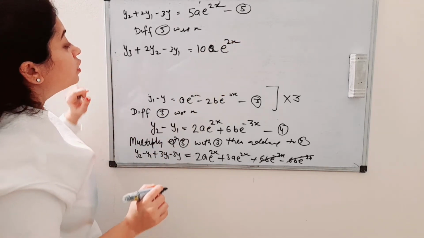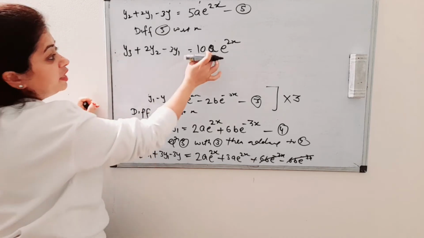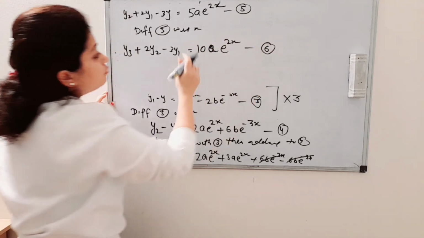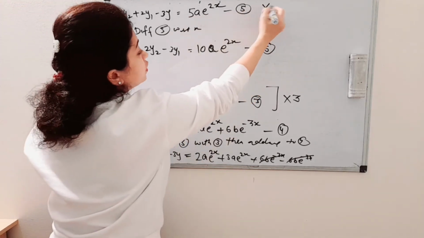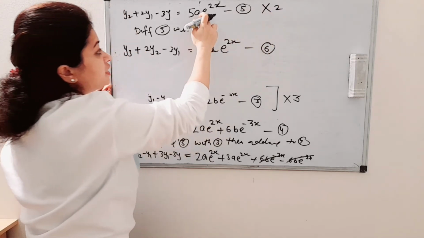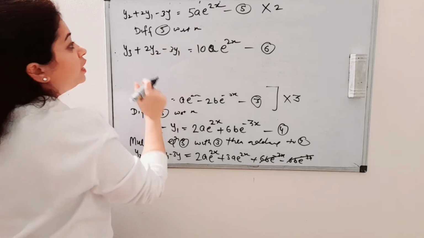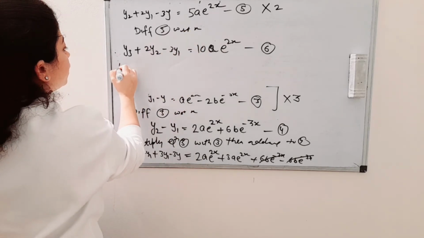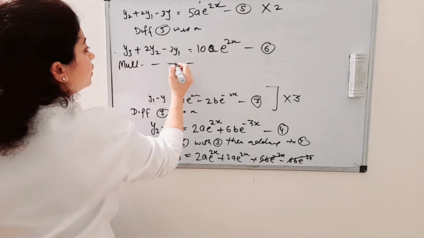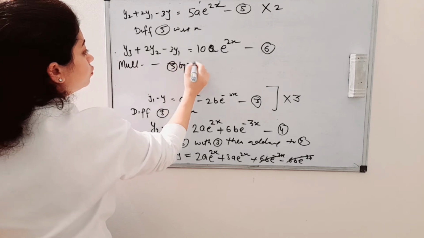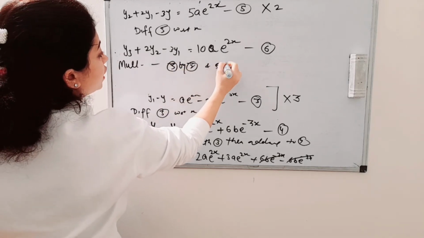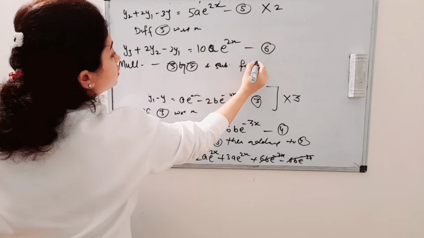So now how can we eliminate a? If we multiply 5 by 2 and then subtract from 6, then we can eliminate a.